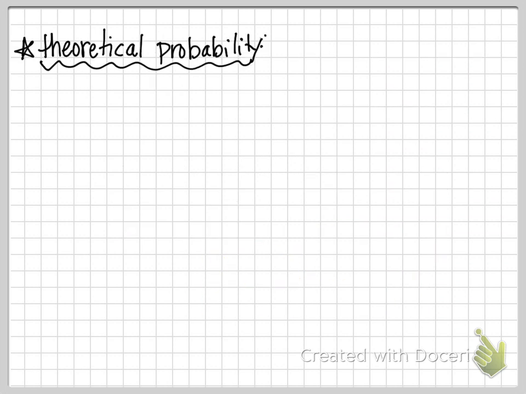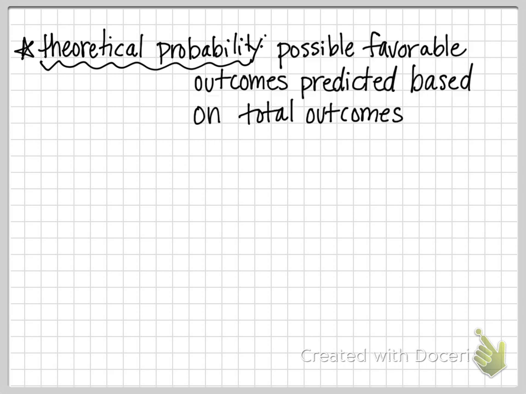So now here's my versus. Theoretical probability is slightly different. Theoretical probability is what you predict would happen. If you are going to flip a coin, what would you predict would happen? How many times out of, say, 10 do you think you would flip a heads? Kellen? 5, right?